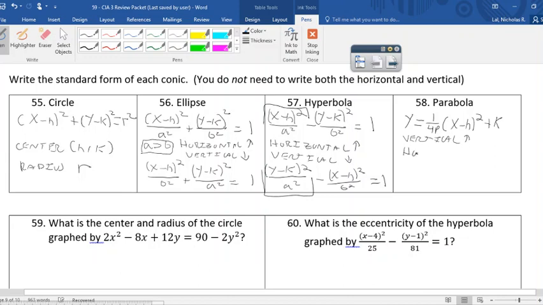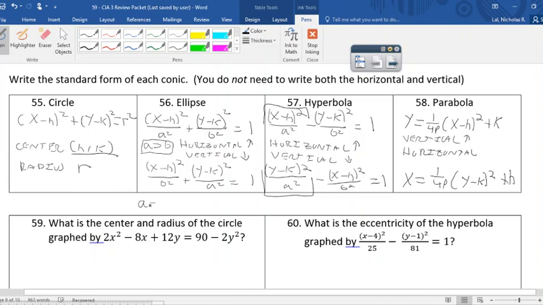If your parabola is horizontal, then you would have x is equal to 1 over 4p times (y minus k) squared plus h. All right. So in general, your center is (h, k).